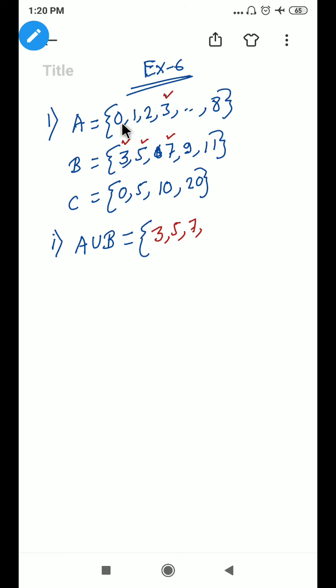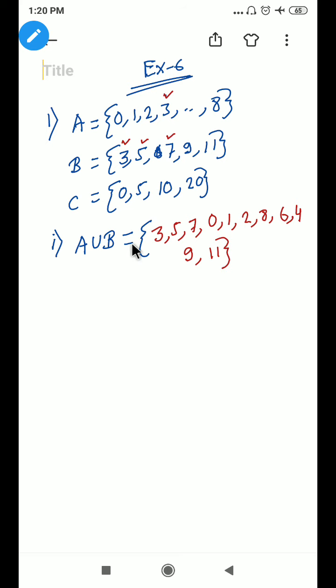and write down those elements which are left of the elements of set A. So left of the elements of set A are 0, 1, 2, and 8, and 6 also, and 4. Now write down those elements which are left in set B. So that is 9 and 11.